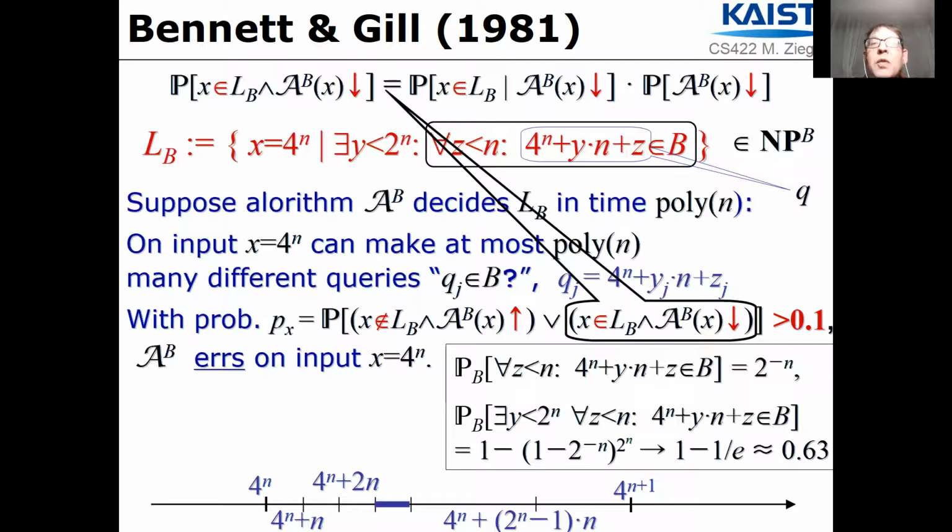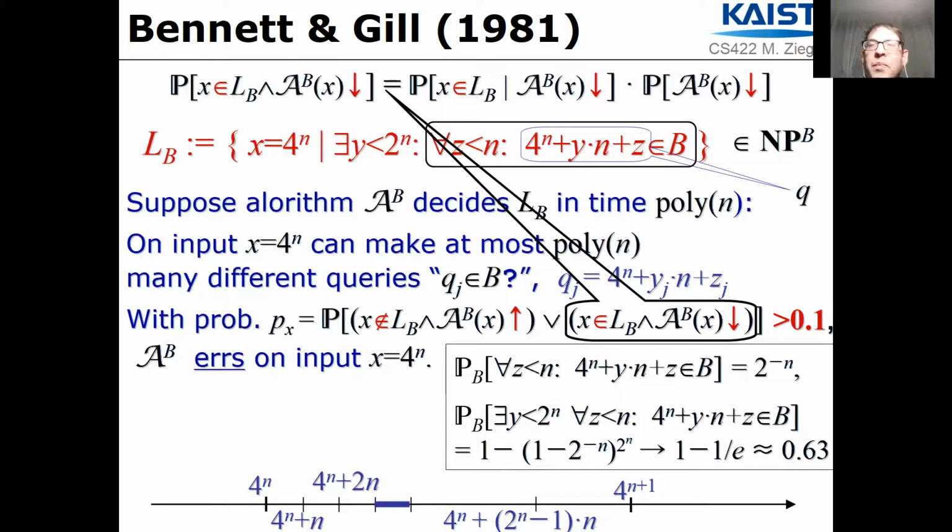Because all the oracle queries will be answered in the same way, because the oracle queries that the algorithm makes will be made again, and we don't change those. We only change the oracle at places which the algorithm does not query.